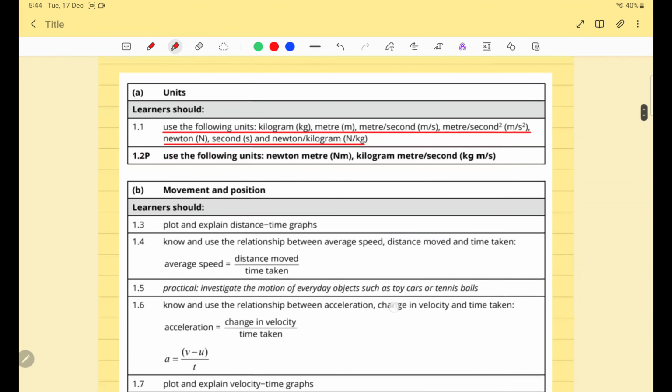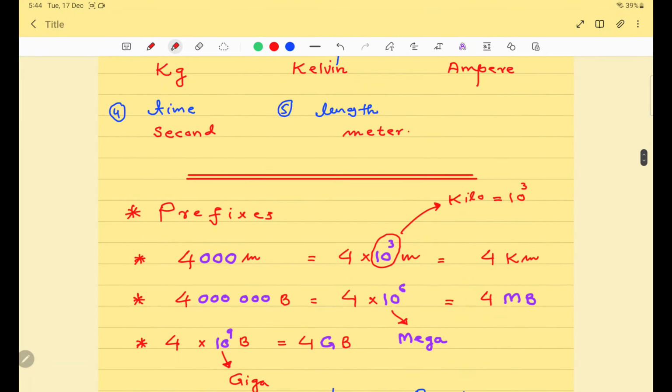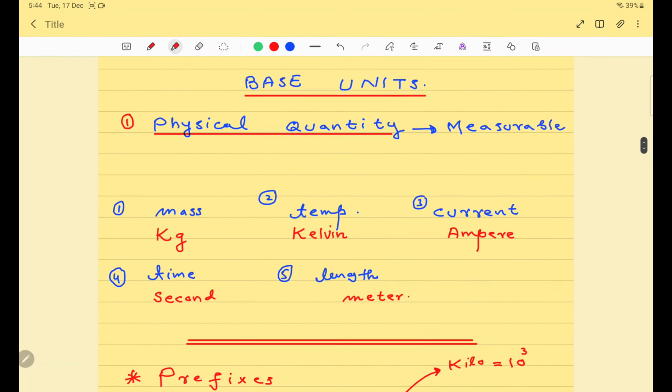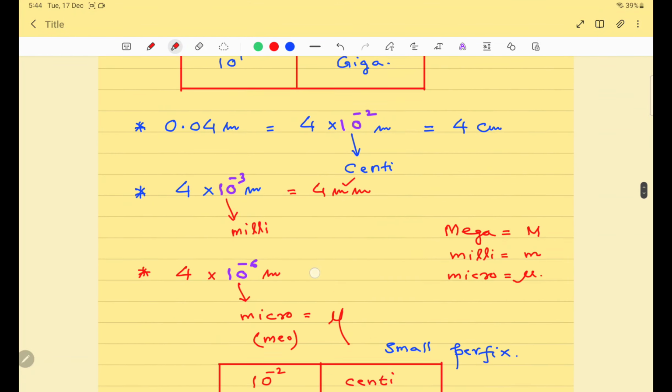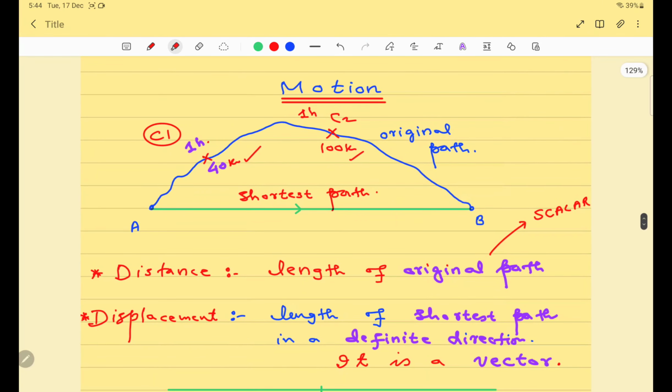Then we started average speed, but we cannot jump directly to average speed. I taught you some prefixes you must memorize. What is distance? Distance is the length of the original path. It has no fixed direction, so it is a scalar quantity.